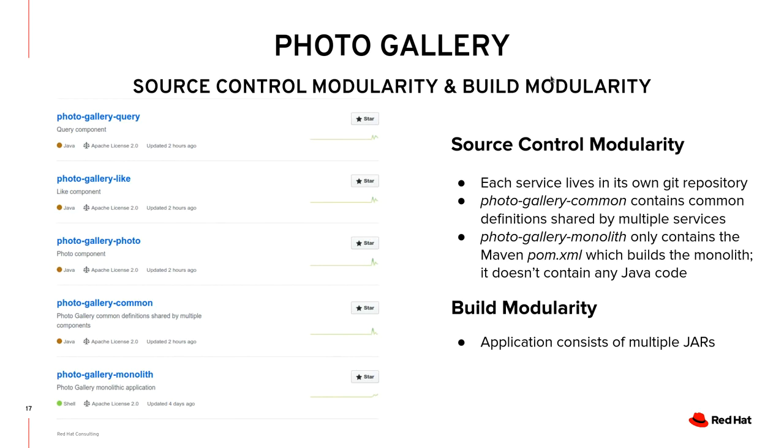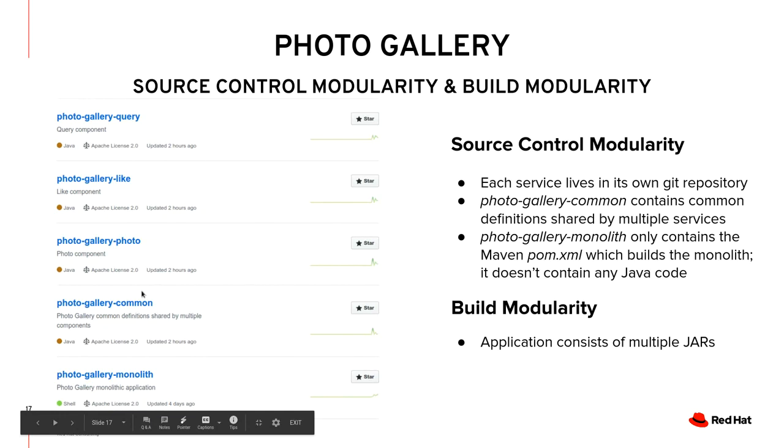After the first two flavors, I'm going to now show you the next 2, which is the source control modularity flavor and the build modularity. Regarding the source control modularity, we use multiple Git repositories to store the source code for the application.